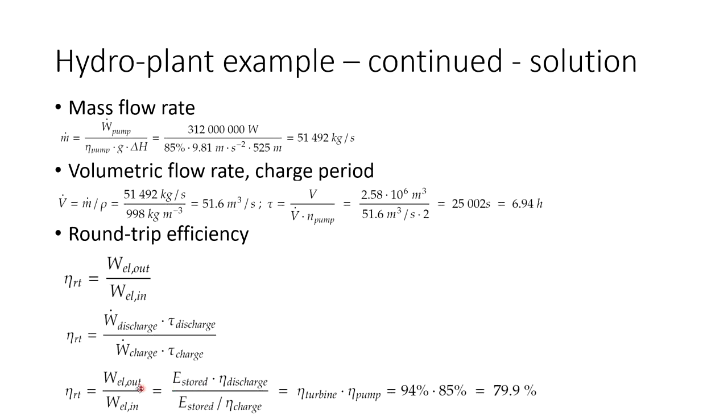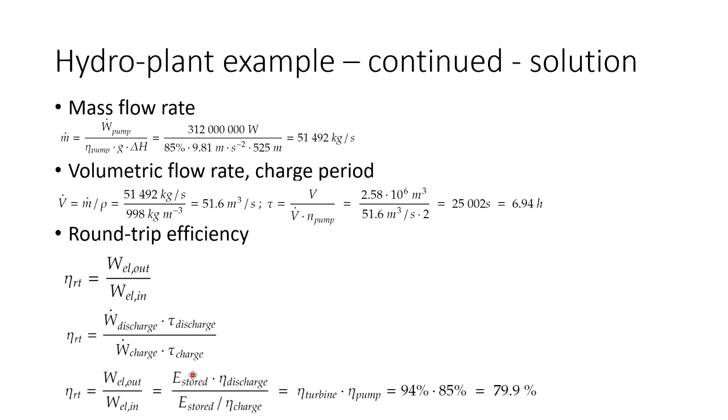So the discharged energy can be expressed as the energy stored multiplied by the efficiency of the discharging process, and the energy input as energy stored divided by the efficiency of the charging process.